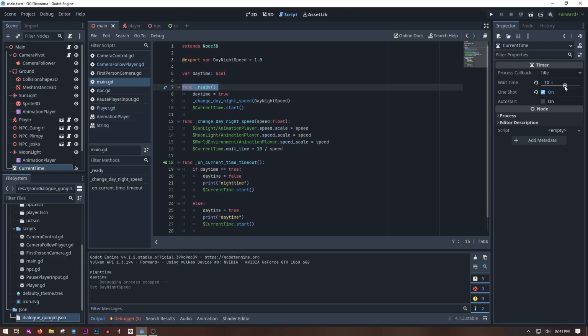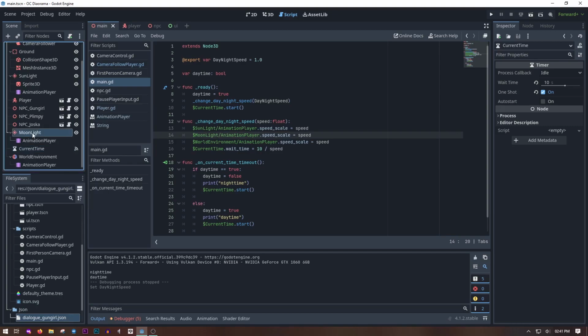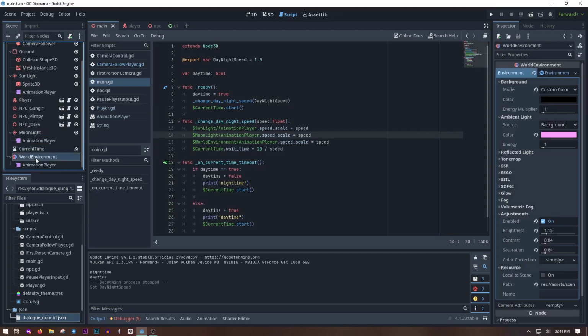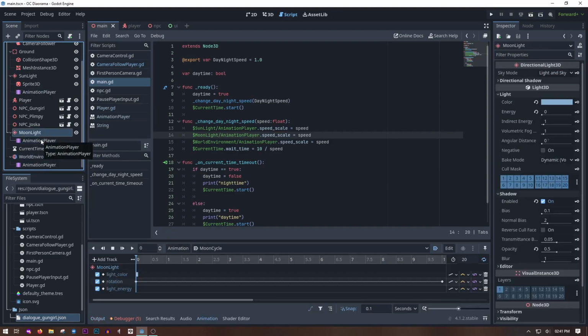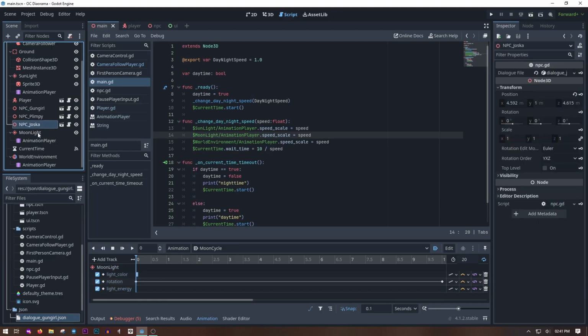And I change the speed of it with the change day-night speed. So sunlight animation player, we've got the animation players for the moonlight, the sunlight, and the world environment. Could have done this, maybe consolidating all these animation players into one animation player, but I didn't know how to do it, so that's just how it is.